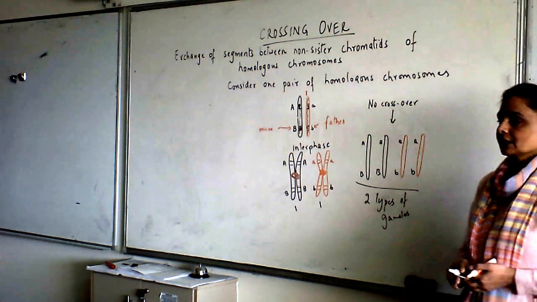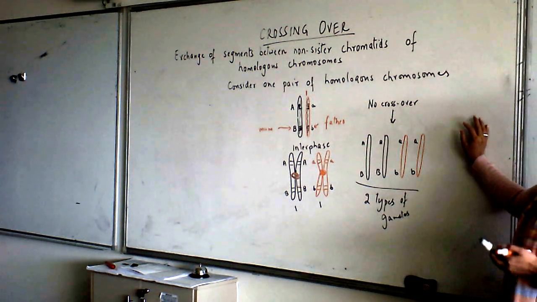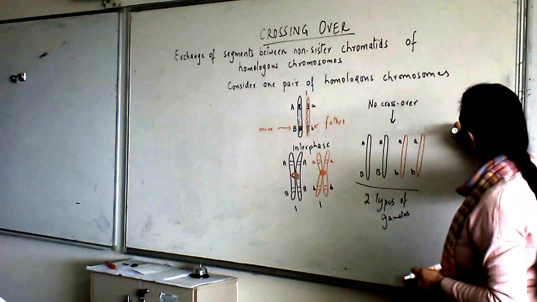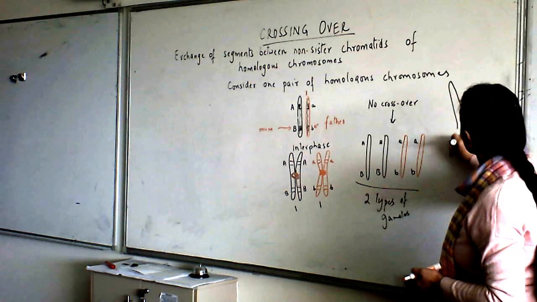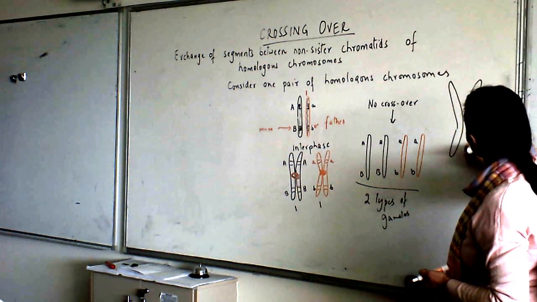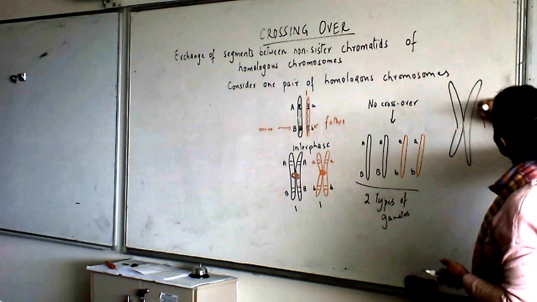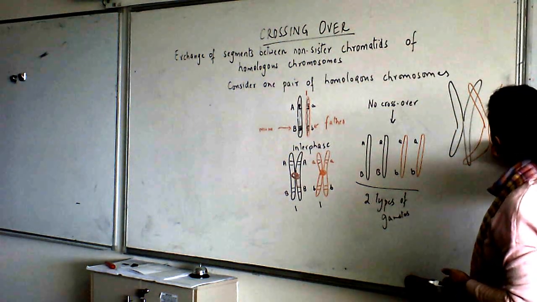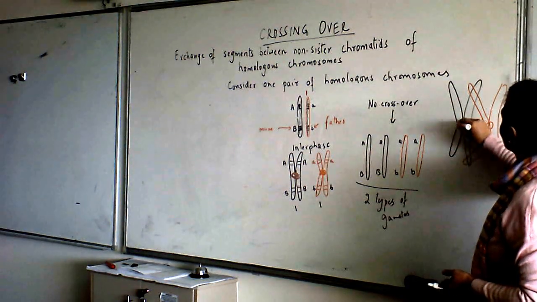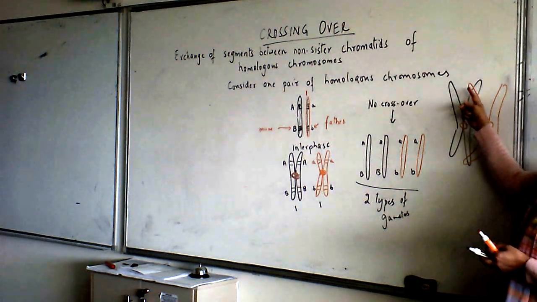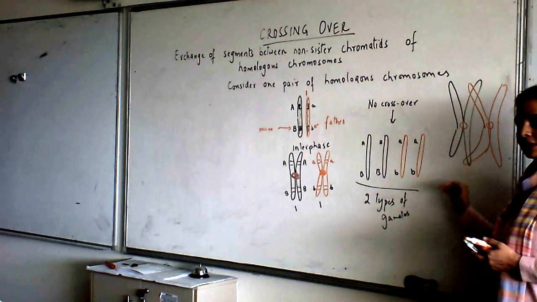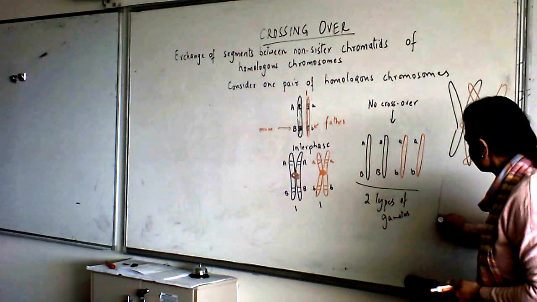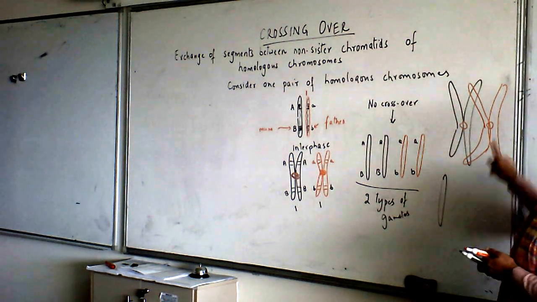Right? Now let's see when crossing over happens, and it does happen. So let's take those. They exchange their segments, and when they separate into gametes, this one will be all that.